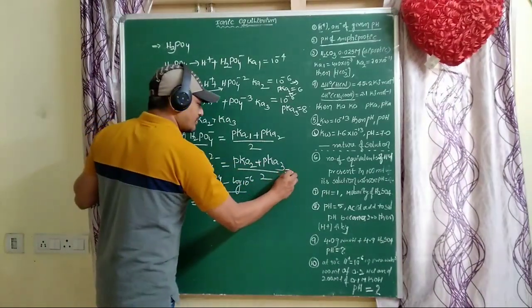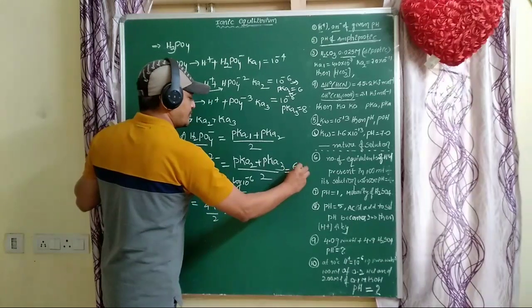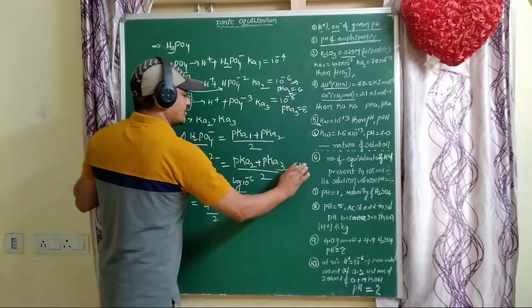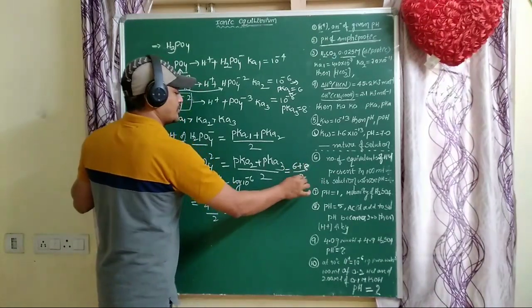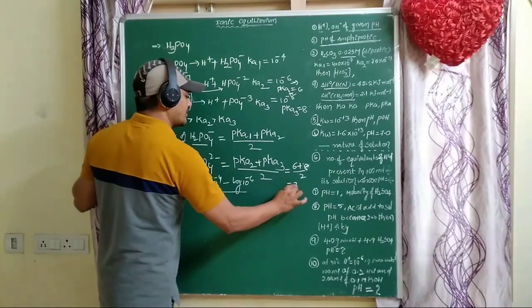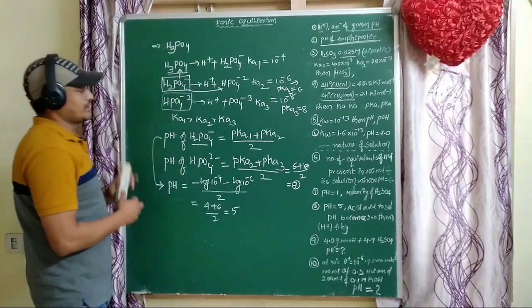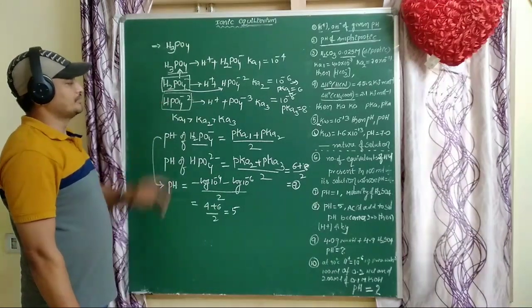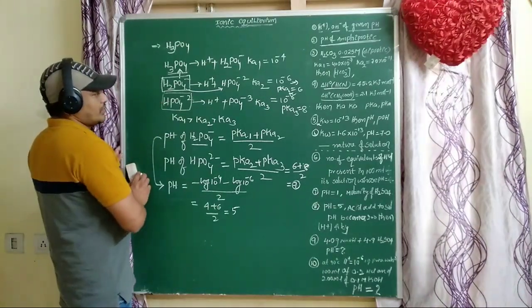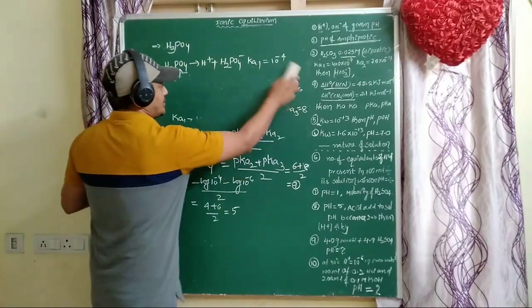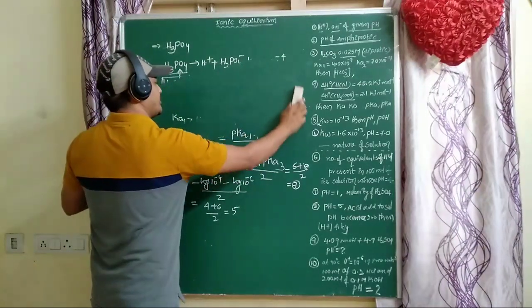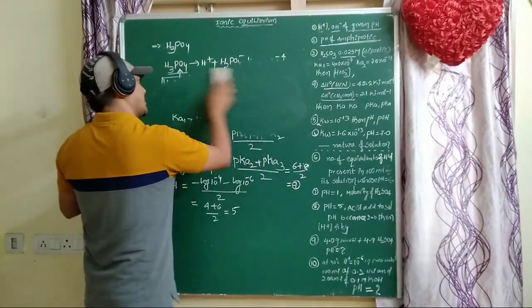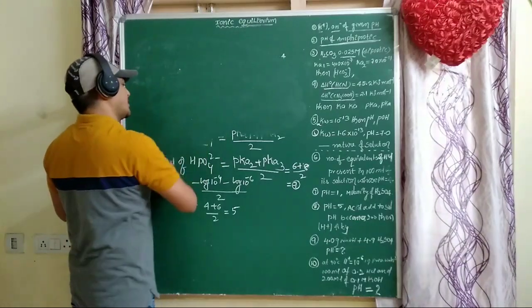So that equal to 6 plus 8 by 2, that equal to 14 by 2, that equal to 7. So this is the pH of HPO4 2 minus. So next, go to calculation of concentration of HCO3 minus, that is also an amphoteric ion.